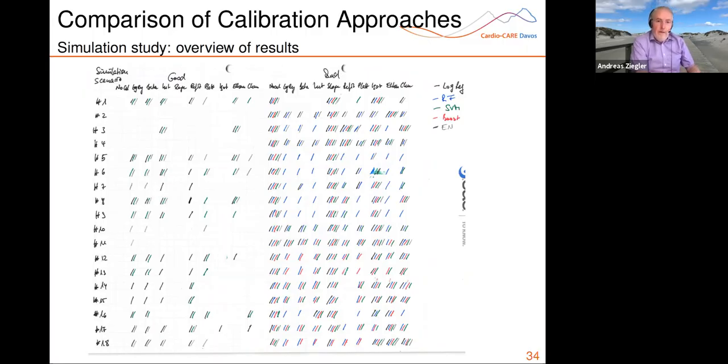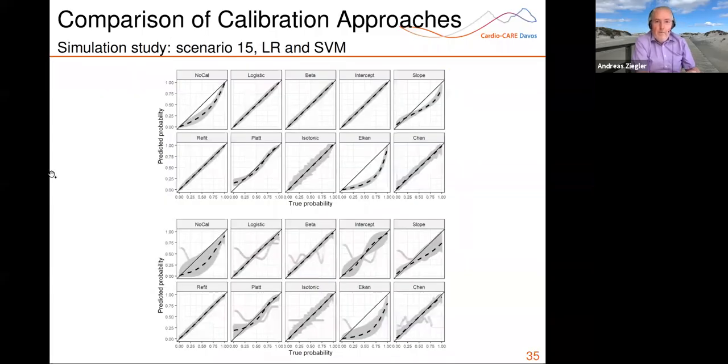So if I now move forward to some of the more formal evaluations rather than my scratches here, I've selected just a few results where I show you some of the scatter plots we obtained for predicted probabilities on the y-axis versus true probabilities on the x-axis. Here you see one specific scenario, which is scenario 15.